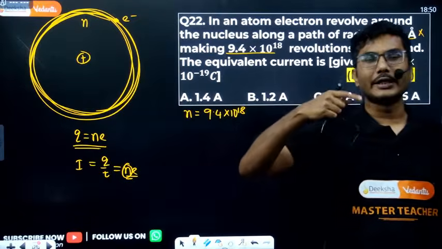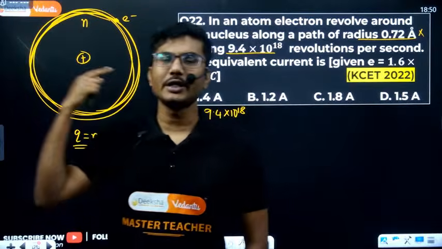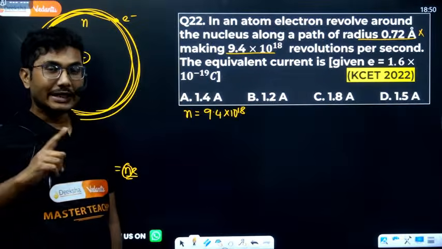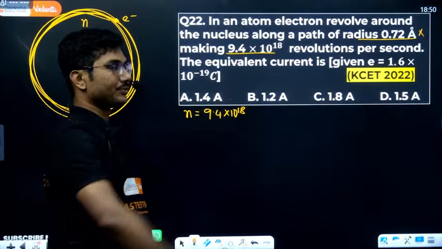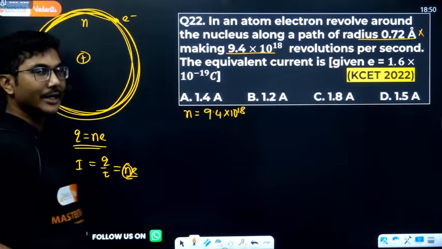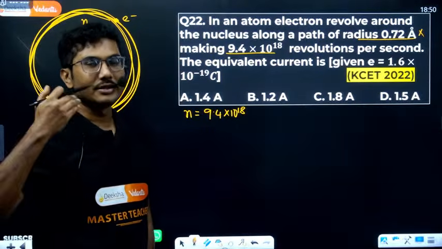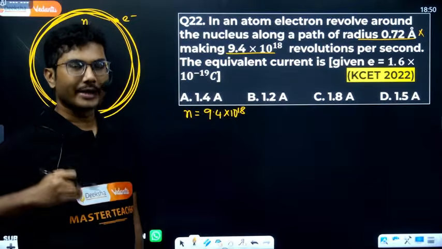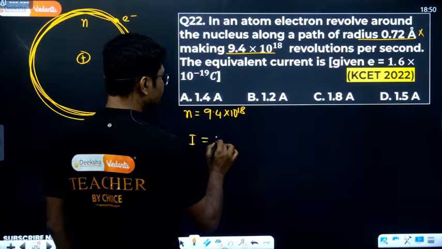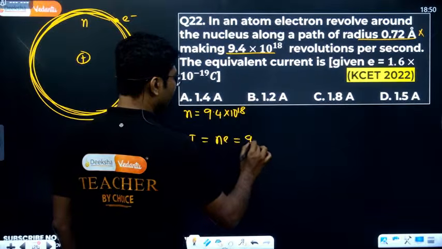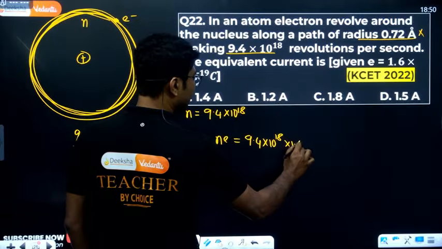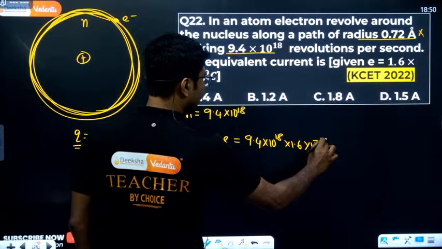So with 2 revolutions, the electron is passing twice; with 3 revolutions, 3 times. So what is the total charge per second? Total charge per second is n into e, and current is charge by time, that is Q upon 1. So 1 second is mentioned, and you only need to calculate I equals ne, which is 9.4 into 10 to the power of 18 into 1.6 into 10 to the power of minus 19.